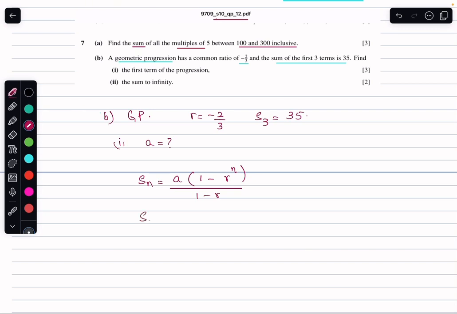They have given us the sum of the first three terms, so I shall be going for S3, which should be equal to 35, and this is equal to a times 1 minus negative 2 by 3 to the power of 3, divided by 1 minus negative 2 by 3 here.